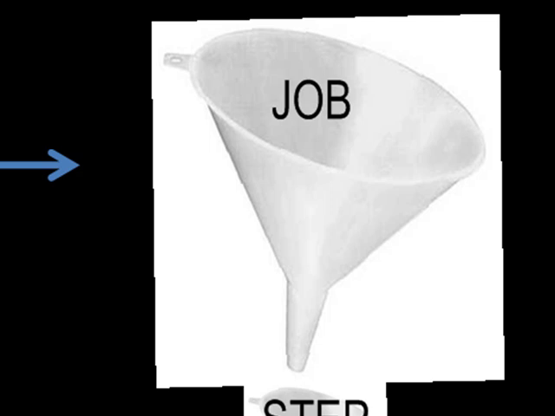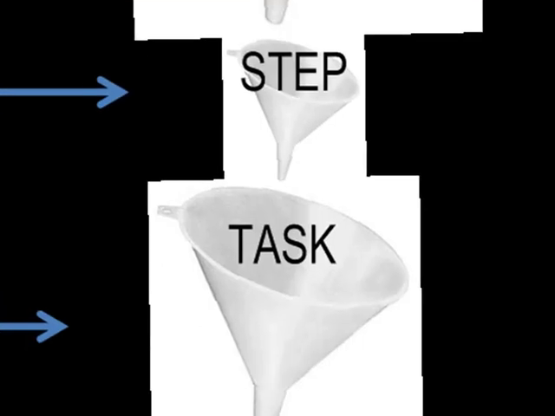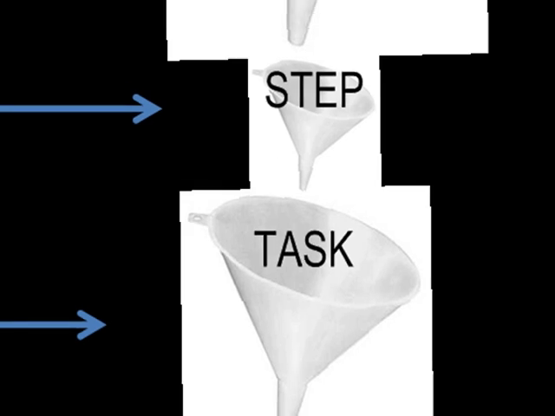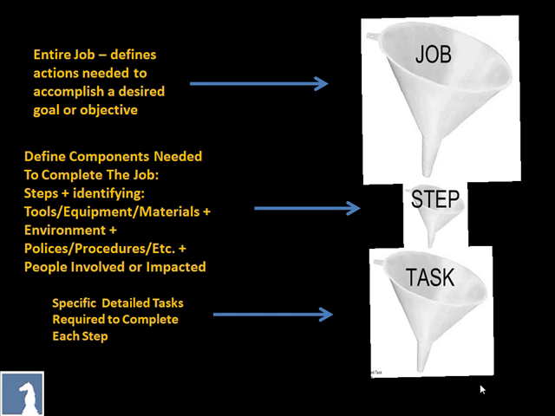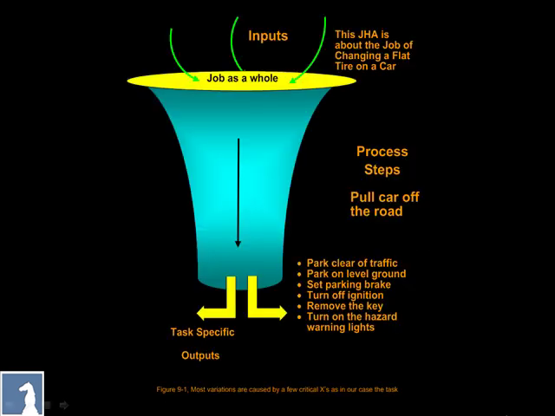At the top of this funnel, you have a large amount of information. As the job is analyzed, the job description is filtered into manageable subsets of steps. These steps are then analyzed for finer elements, with specific tasks identified as necessary to complete each step. A second way of looking at the funnel is that the job as a whole has a number of inputs required.